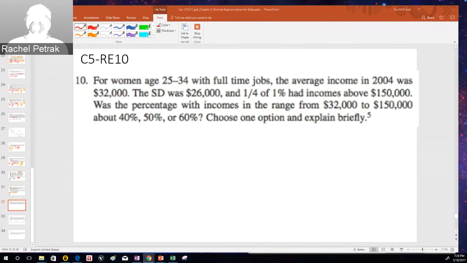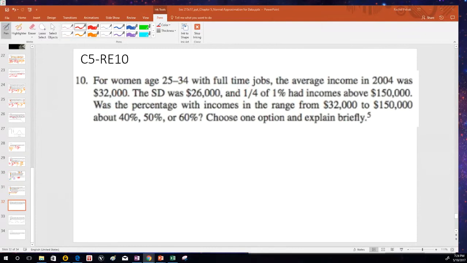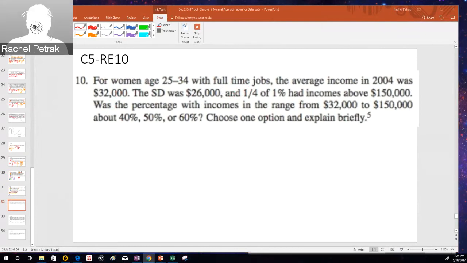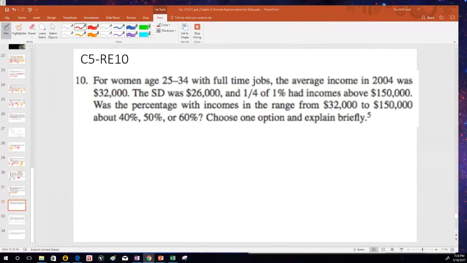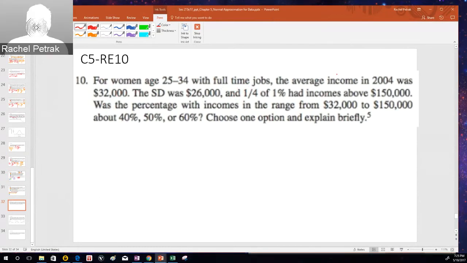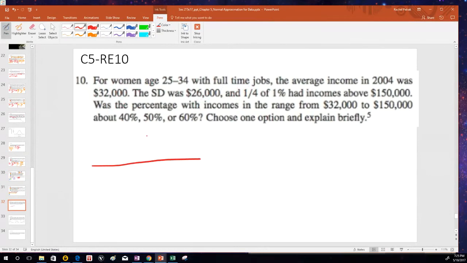Okay, so for this one, the average income was $32,000 and the standard deviation was $26,000. This variable doesn't seem normally distributed to me.